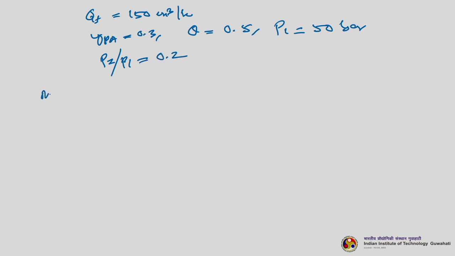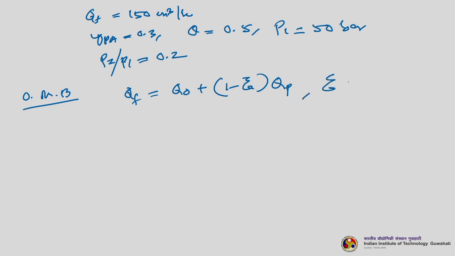If you take overall material balance, you can write Q of feed equals Q naught, which is your reject or retentate, plus (1 minus zeta) into QP, where zeta is the fraction of permeate stream recycled.